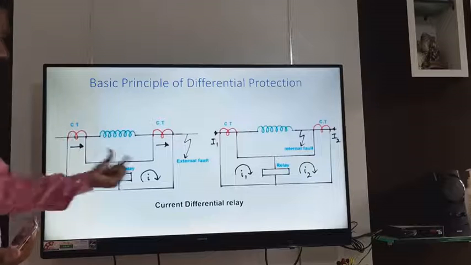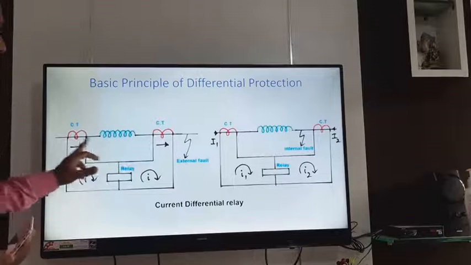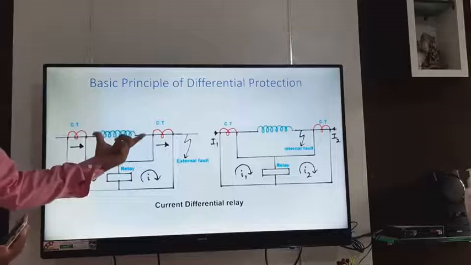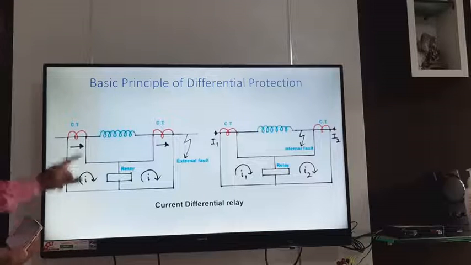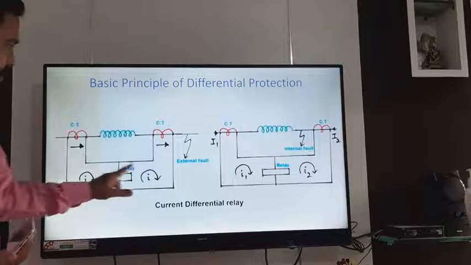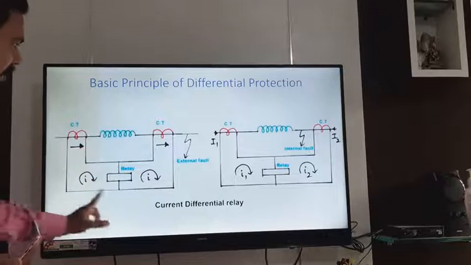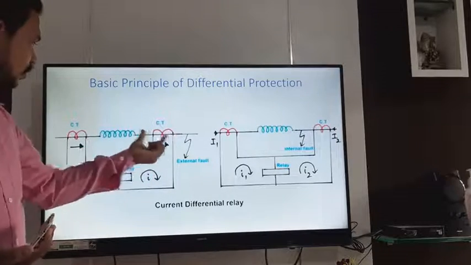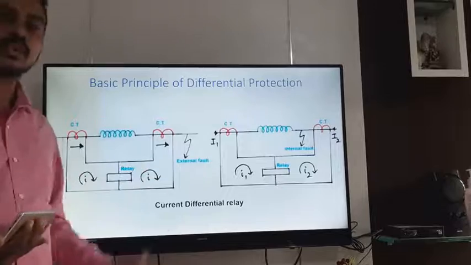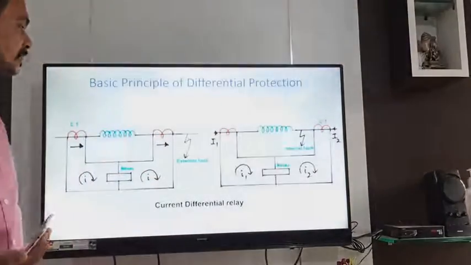Here we have CT1 and CT2. Two CTs are placed on both sides of the generator winding. CT1 is connected to CT2, and the wire used to connect these two CTs is known as the pilot wire.